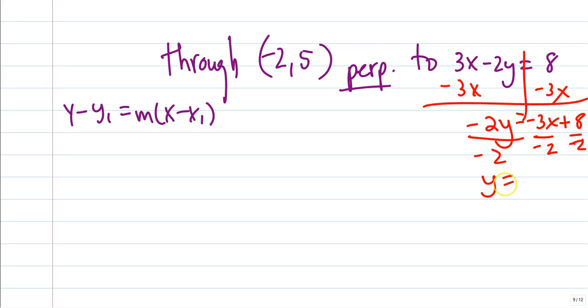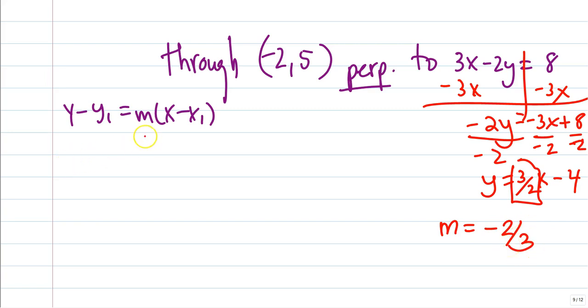Y is equal to positive 3/2 x minus 4. What does perpendicular mean? I will take this slope, but not use it. Perpendicular doesn't mean same slope. We already have something for that. It's parallel, right? So the slope that I will use here will be the opposite, negative, and reciprocal, flipped.